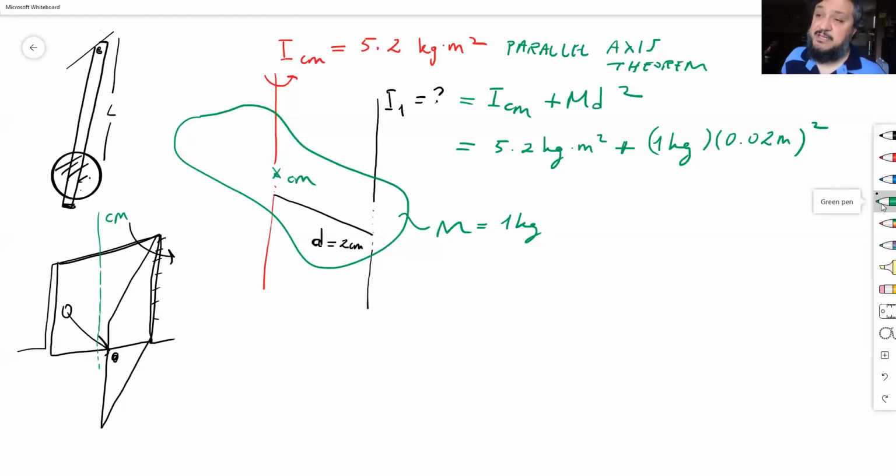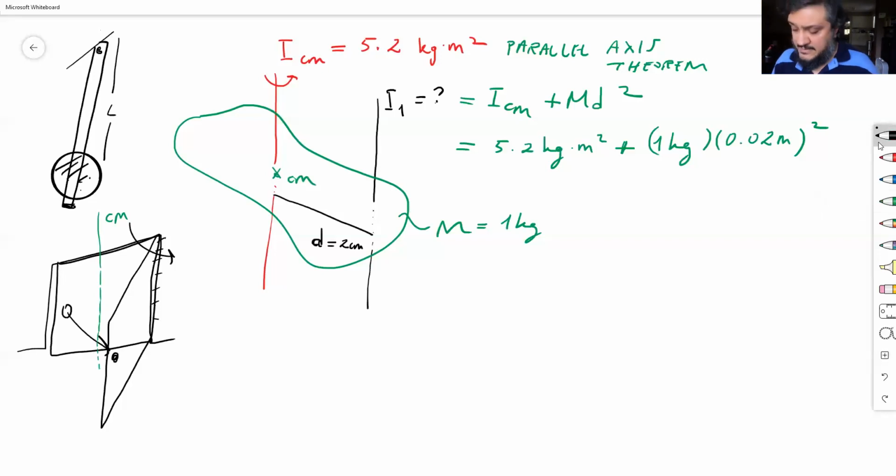That difference you feel is because of this change in the moment of inertia. So the moment of inertia is the minimum when you're at the center of mass. If the rotation axis is close to the edges, it increases. And that's called the parallel axis theorem. And you can use it, let me give you another example, to find interesting things.